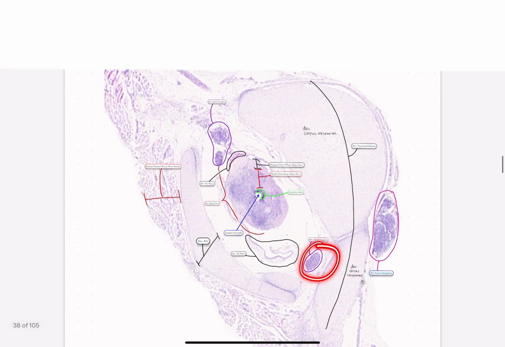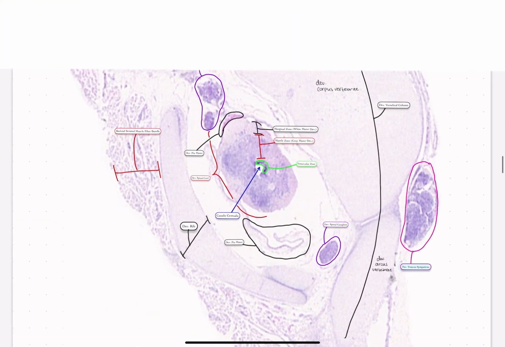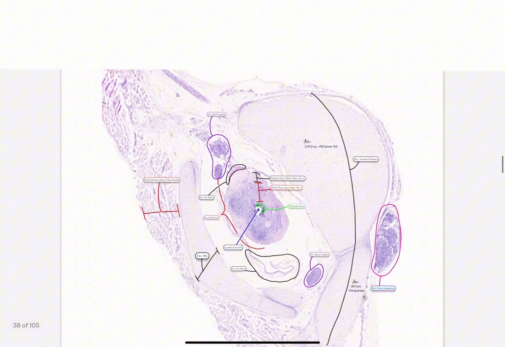But I would say the spinal ganglion is a little bit more important, other than the structures within the spinal cord. You don't have to know about the corpus vertebrae or the arcus or anything like that. What's important is for you to remember that this is a vertebral column.